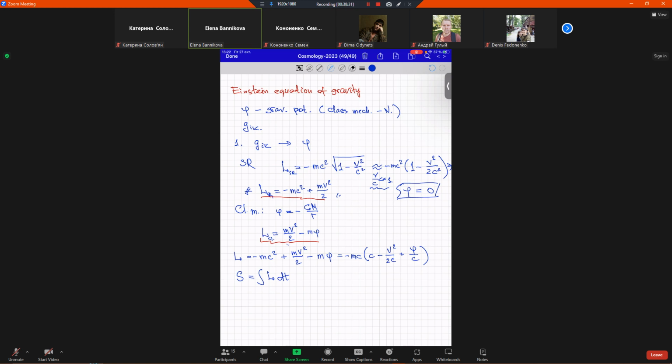In principle, this is the general definition of the action in classical mechanics, which we will use. Let's put in here as the Lagrangian what we constructed before. So we will write minus mc integral of c minus v squared divided by 2c plus phi divided by c dt.